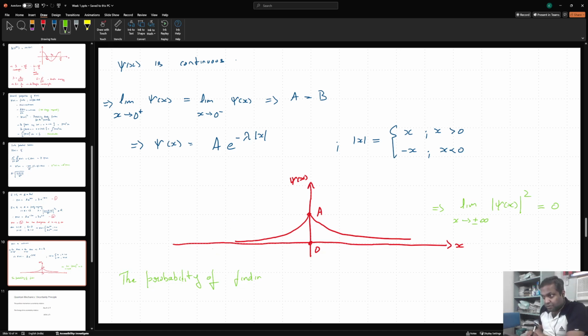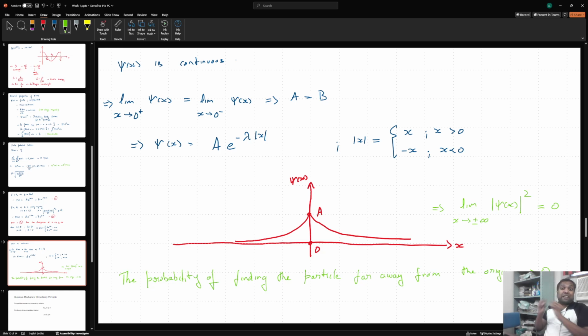Okay, where was I? Yeah, here. The probability of finding the particle far, not even very far, I can just say far, away from the origin is tending to zero.